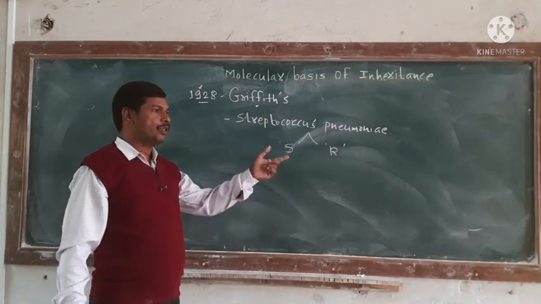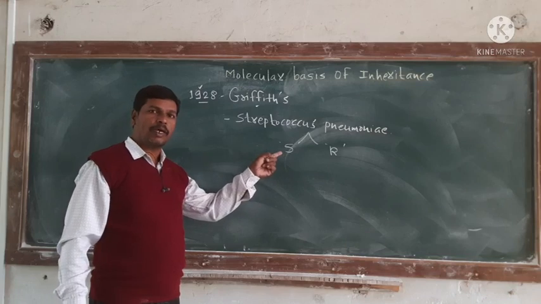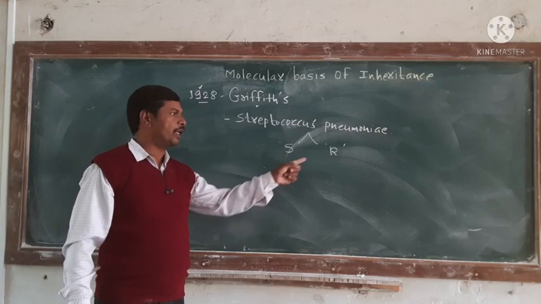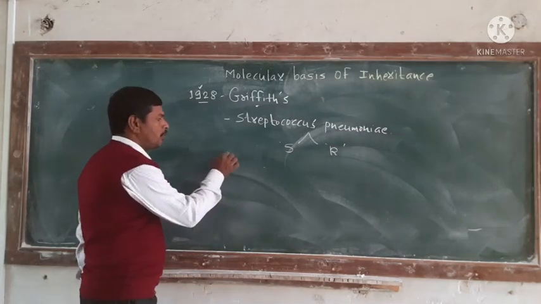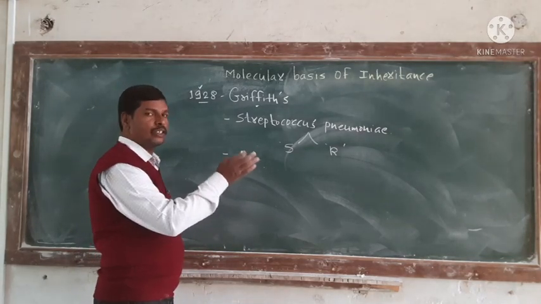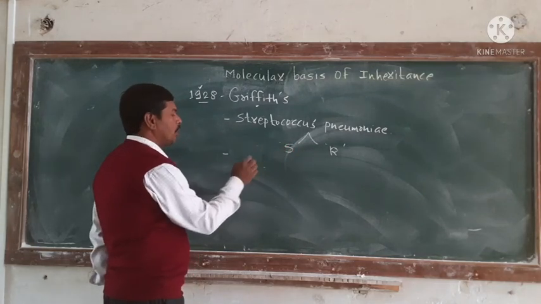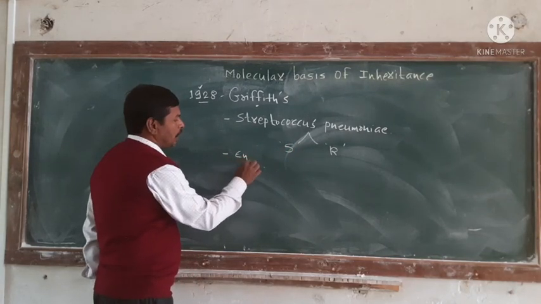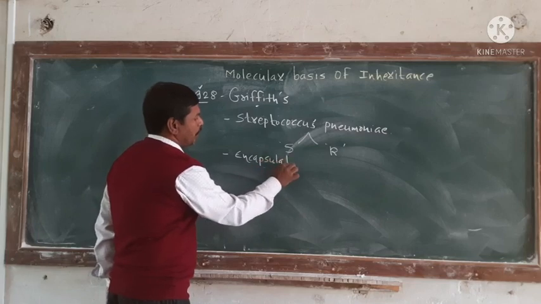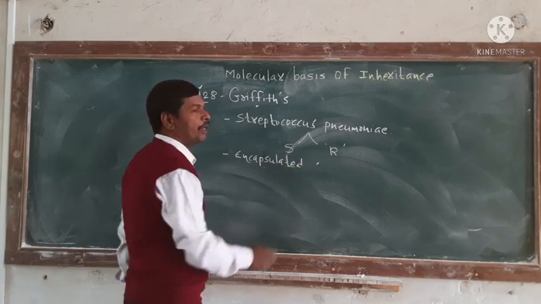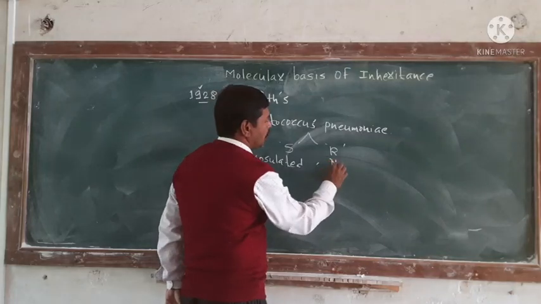Now first we discuss the exact nature of S type bacteria and the exact property of R type. The first characteristic: the S type bacteria is encapsulated, and the R type bacteria is non-capsulated.